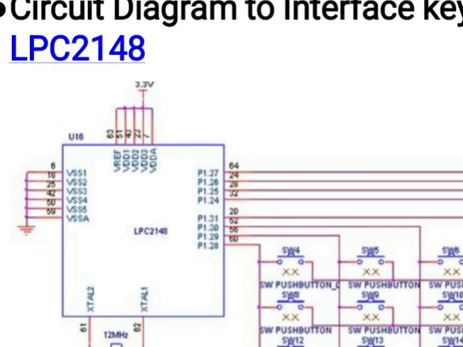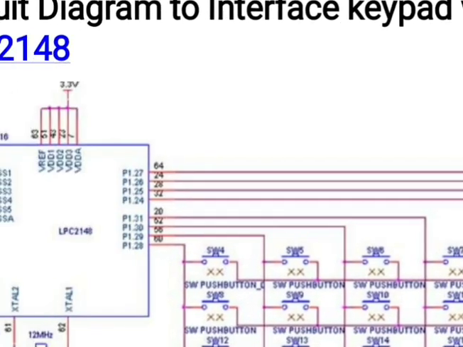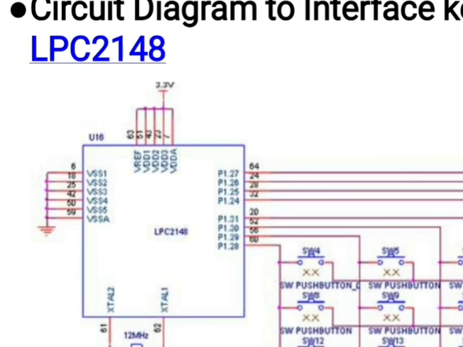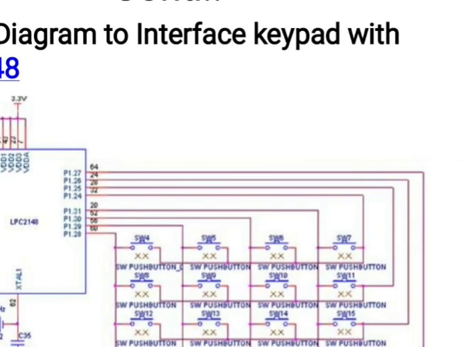Here the port 1 pins 27, 26, 25, 24 are connected to the switches. Then port 1 pins 28, 29, 30, 31 are also connected. The crystal oscillator is shown here with two capacitors. Also the VSS pins 1, 2, 3, 4, 5 are shown here. The VDD 3.3 volt supply is given. The matrix form keypad is here, which has push buttons.